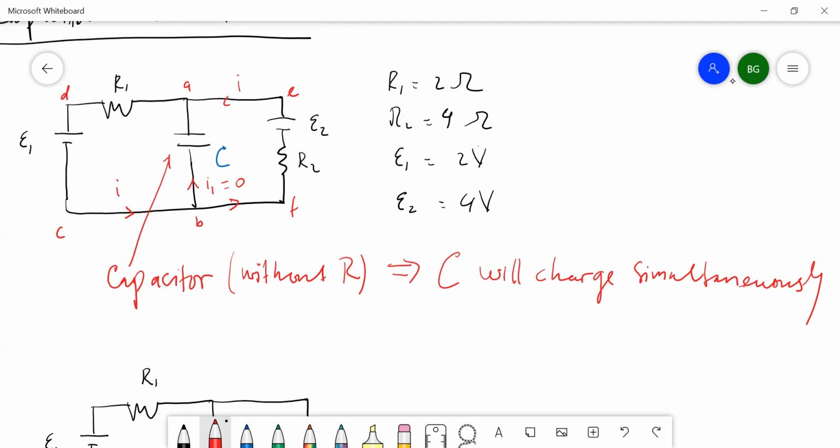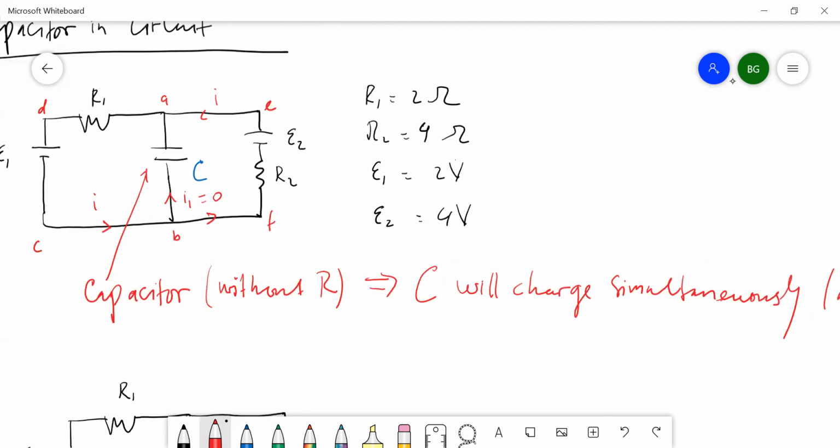Let's say we have R1, capital R1 is 2 ohm, R2 is 4 ohm. This battery, we have potential source. The potential epsilon 1 is 2 volt and epsilon 2 is 4 volt.